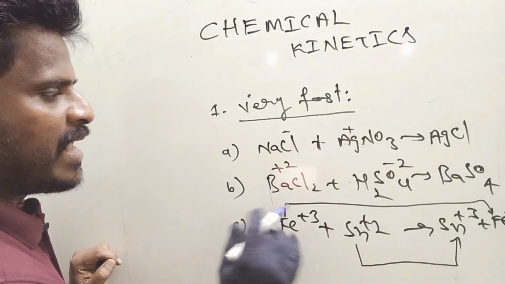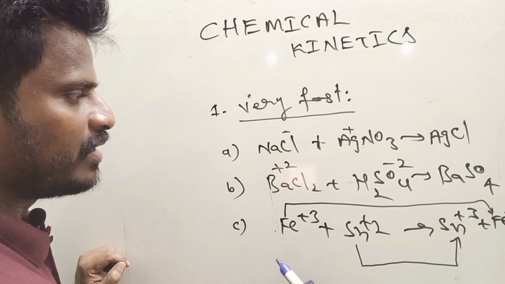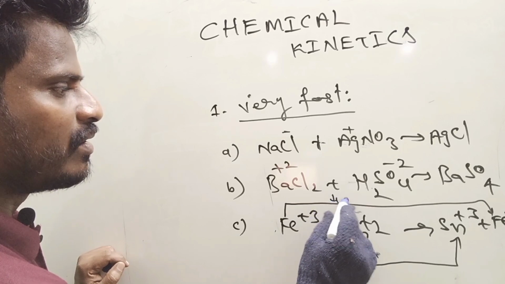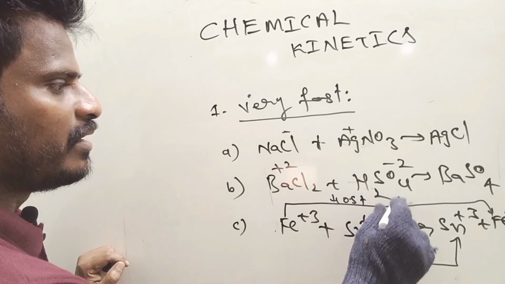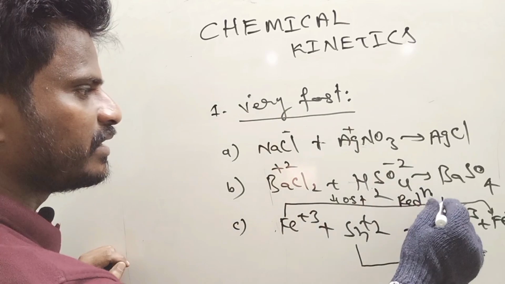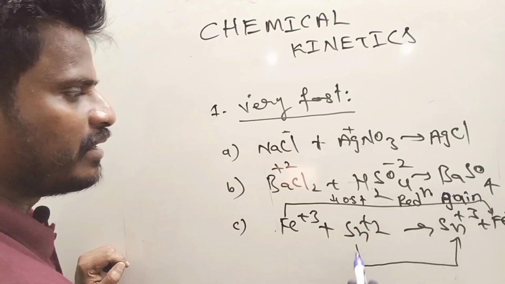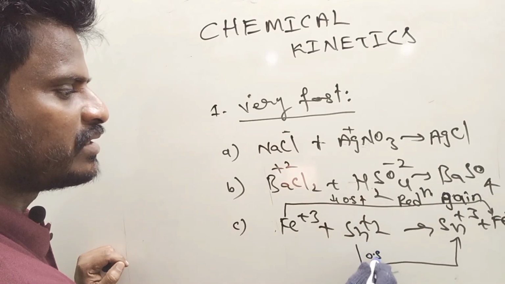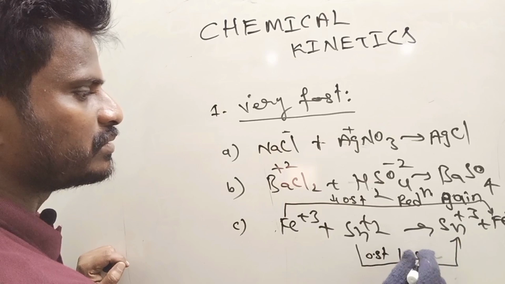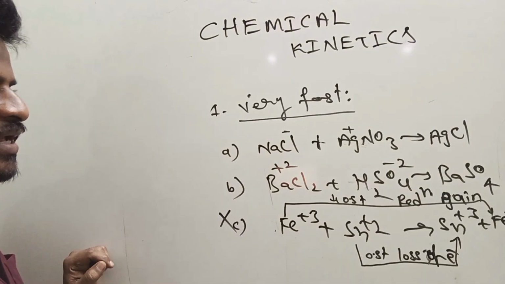So here electrons are transferred from one compound to another compound. Going from plus 3 to plus 2, a decreasing oxidation state indicates a reduction reaction, and reduction indicates gain of electrons, while oxidation indicates loss of electrons. It is not a very fast reaction.